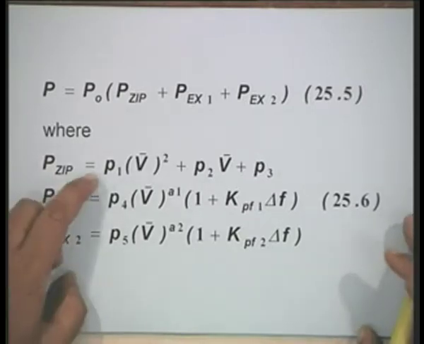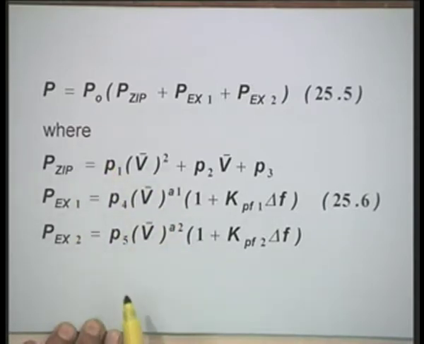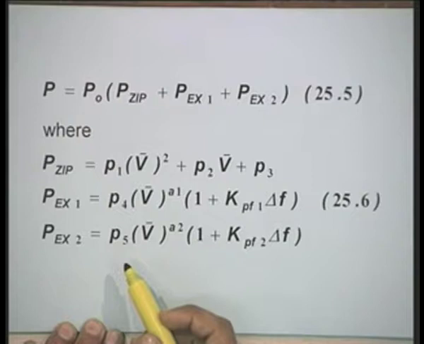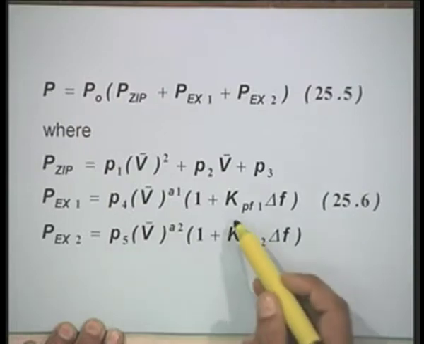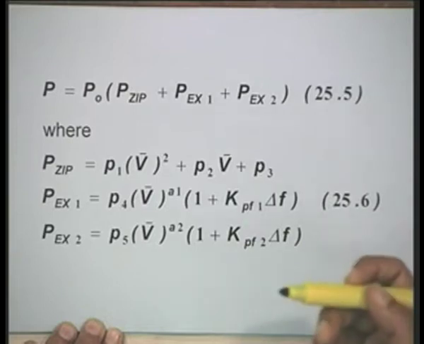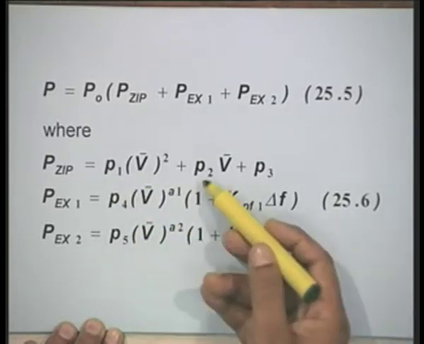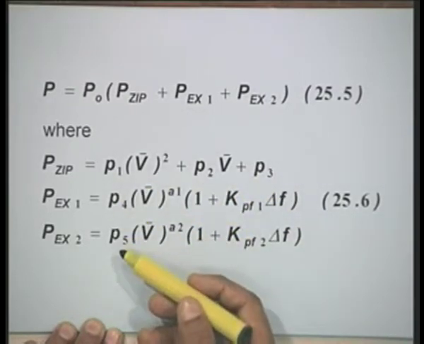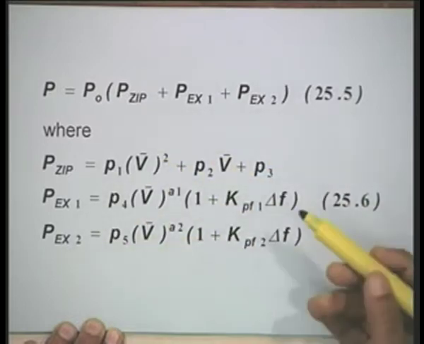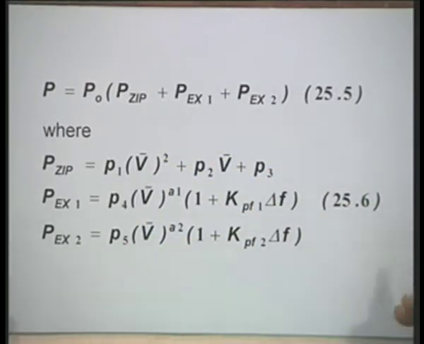This is because if I take this model, it has many coefficients to be estimated. I require the coefficients KPF1 and KPF2, which means I have two different coefficients that determine the frequency dependency of loads. Similarly P1, P2, P3, P4, P5 are to be estimated for a particular load bus, and this is quite an involved task.